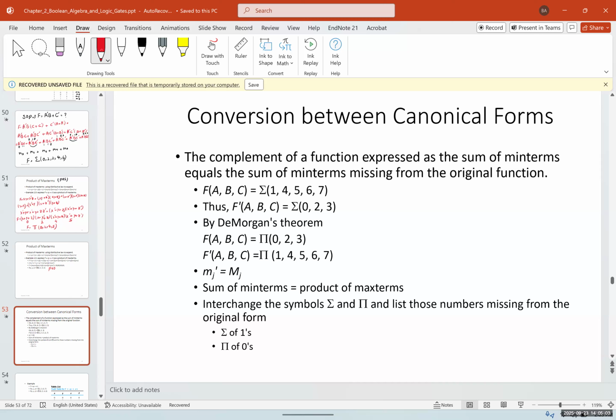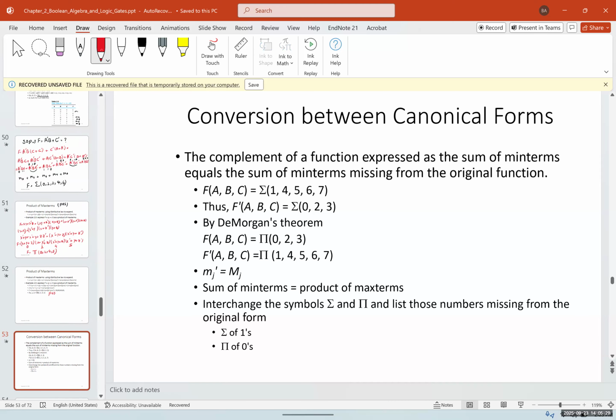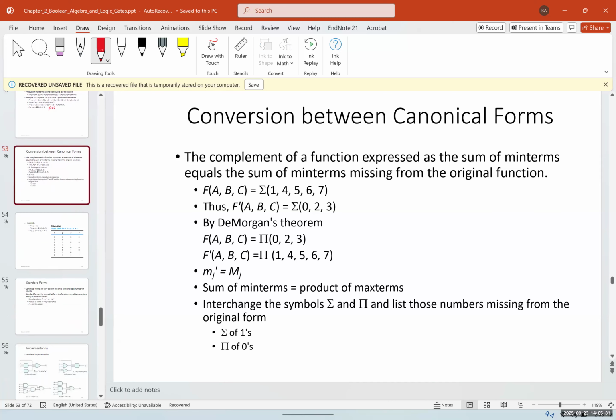Therefore, M prime of j is going to be m j. So the sum of minterms is equal to the product of maxterms. We interchange the symbol sigma and the product symbol and list those numbers missing from the original forms. So the sum of ones is going to be the product of zeros, and I already mentioned it in the table as well.